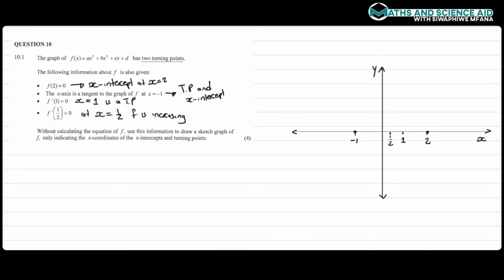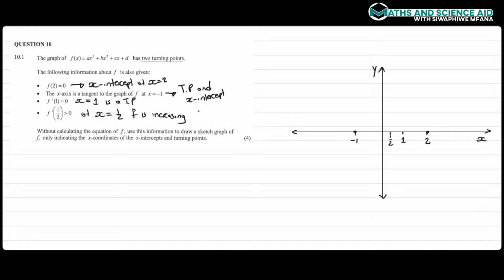I'm just labeling these as they relate to the information we are given. So f prime of x is 1 over 2 here, meaning that when the value of x is equal to half, f is increasing, our function is increasing. So this is going to be crucial for us as well.